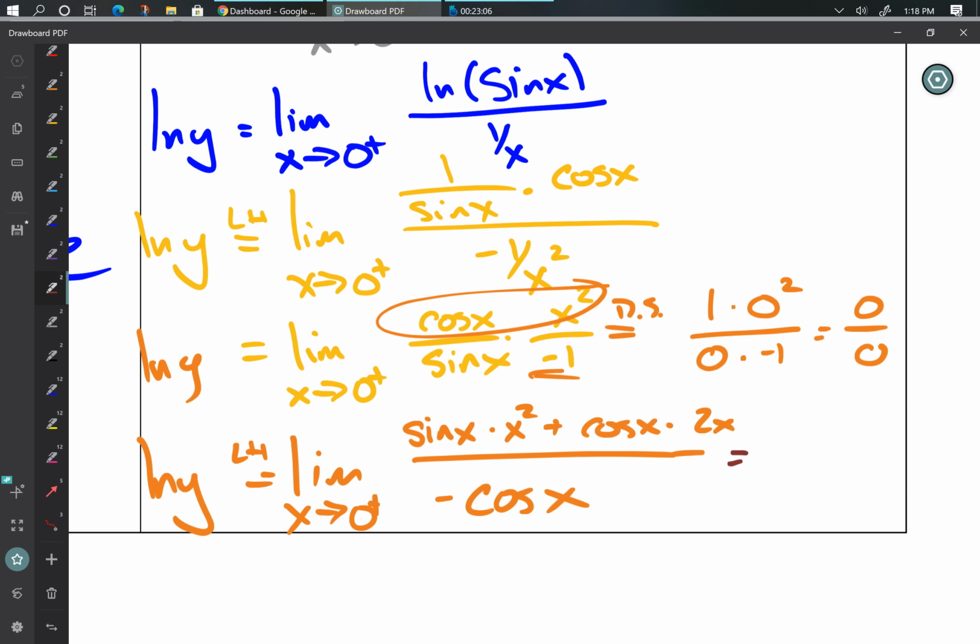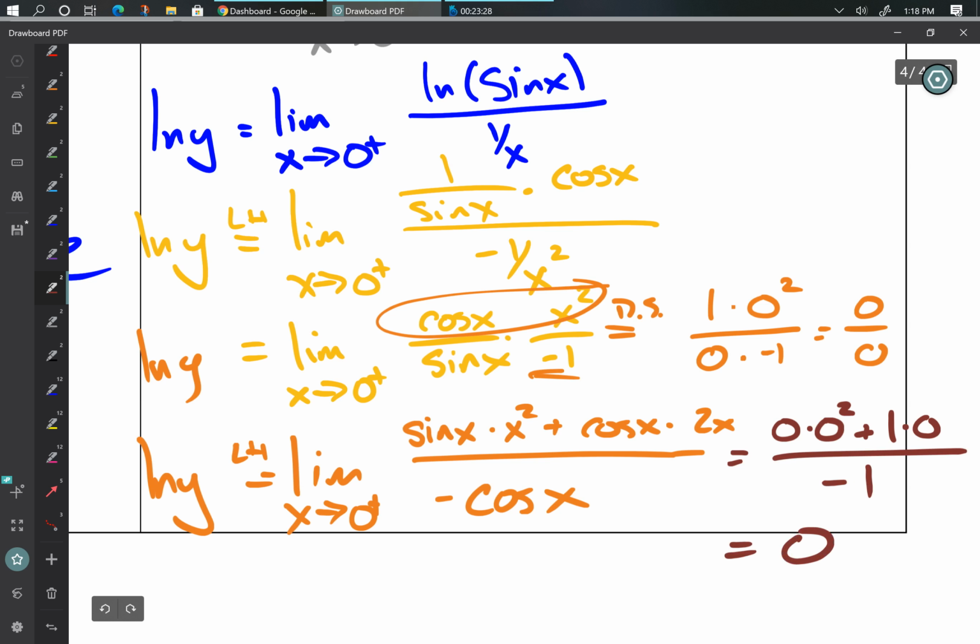Direct substitution is going to give me sine of 0, which is 0, times 0 squared plus cosine of 0, which is 1, times 0, divided by negative 1, which looks like a big fat 0 over 1, or 0.